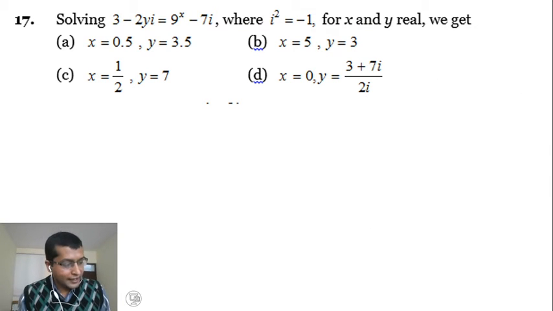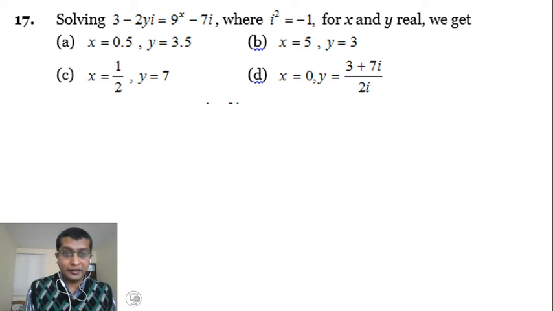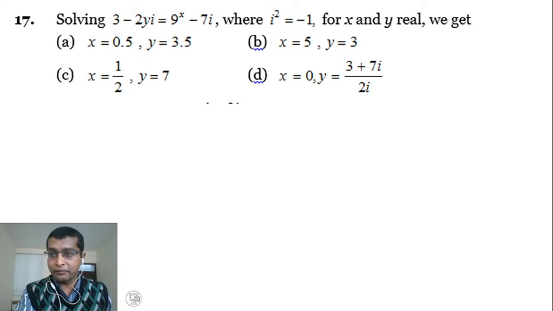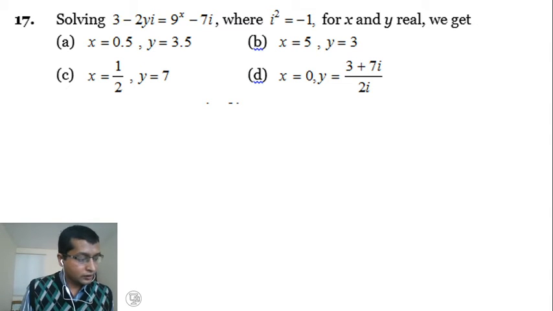So we'll go to the next example. It is similar to the previous one. I will read out. Solve 3 minus 2yi equal to 9x minus 7i, where i square equal to minus 1, for x and y real. Okay, so the procedure is very simple.